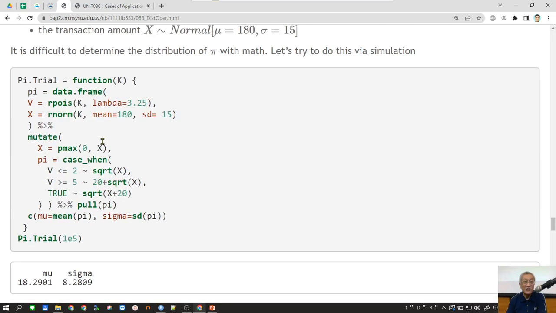So in that case, you can use this random draw function. If you repeat this random draw enough times, you can still simulate the result and do a good estimation for the non-standard distribution.